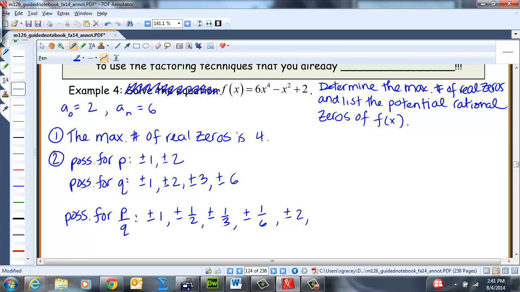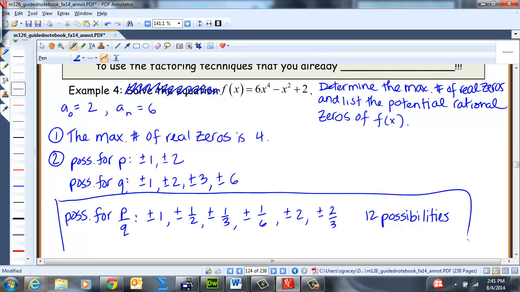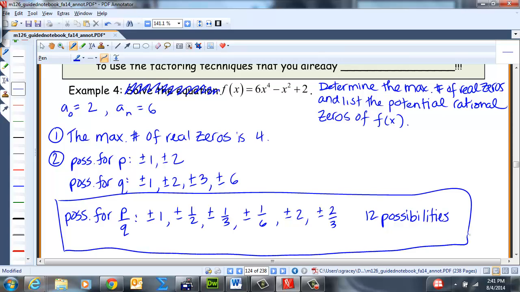We already have plus or minus 1, and then plus or minus 2/3, and then plus or minus 2/6 is the same as plus or minus 1/3, so we're good. So that gave us 2, 4, 6, 8, 10, 12 possibilities for p over q. And again, there are more possibilities than there are real zeros, so they won't all work. Okay?